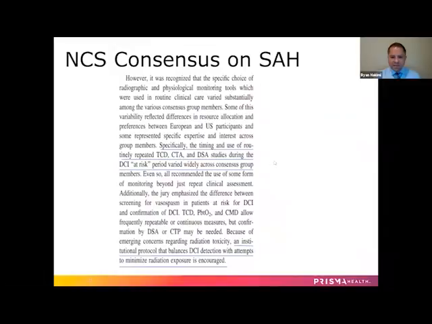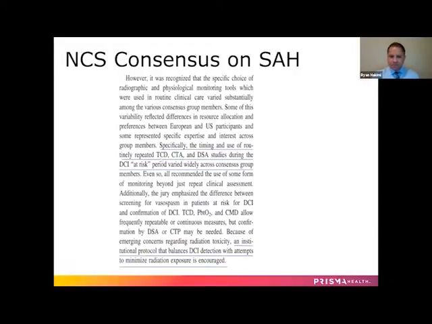In addition, the consensus statement goes on to say that the timing, the use, and how often TCD or other imaging studies are performed during the at-risk period varies widely across the consensus group, and this is really the main challenge, because all of us in the profession practice differently based on biases from our training and access to resources at our current center.